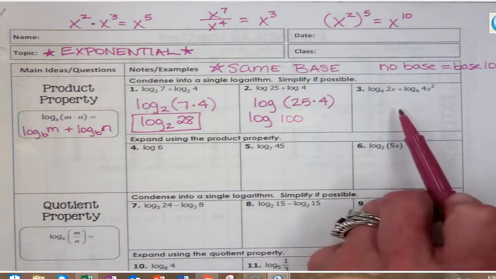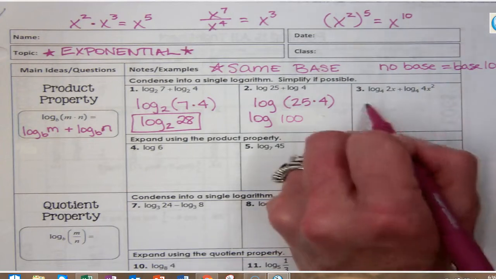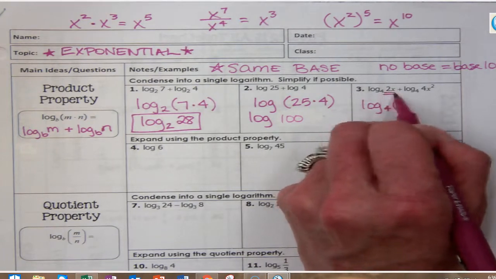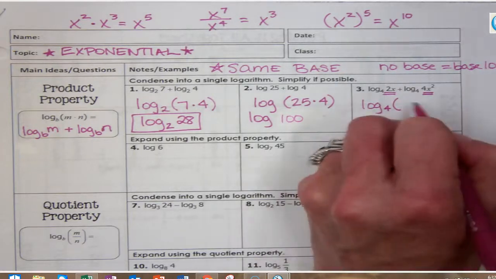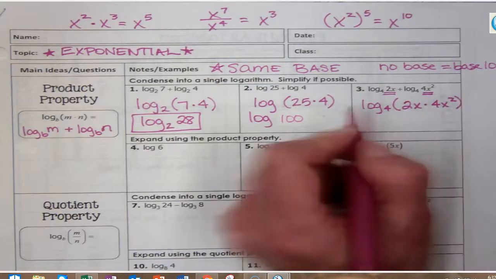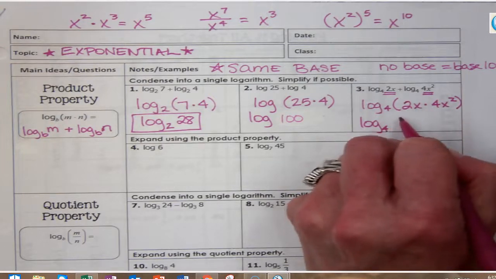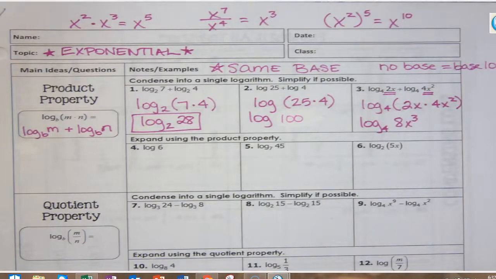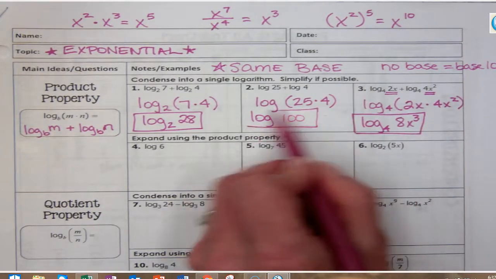And here we've got the same base, my base is 4. So log base 4 of 2x times 4x squared is going to give me log base 4 of 2 times 4 is 8, x to the third power. These are basically exponents of exponents, and that's okay. So there we go.